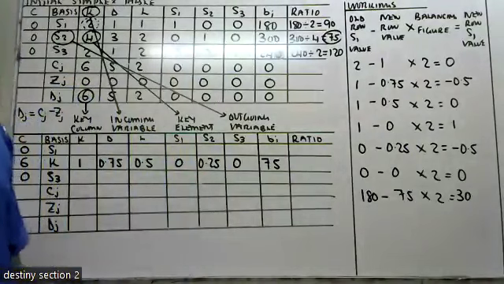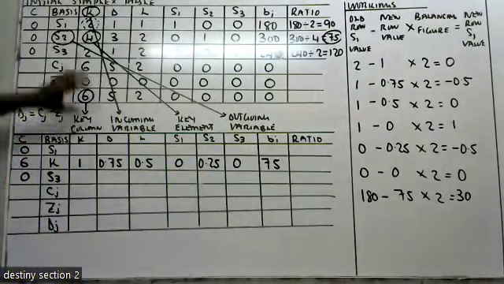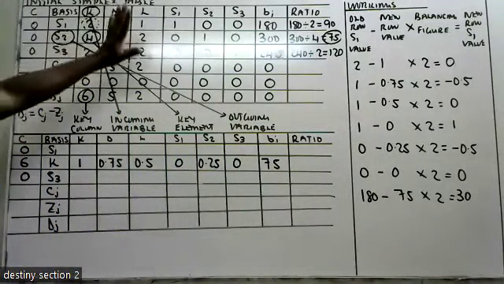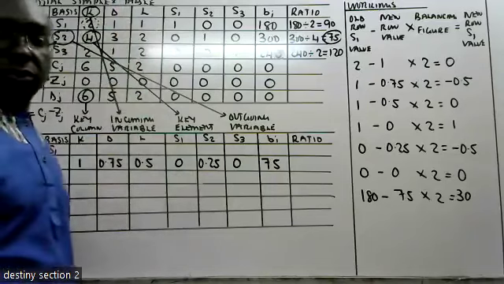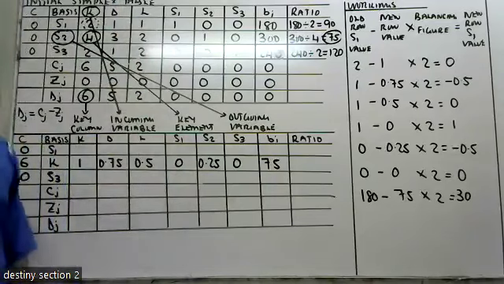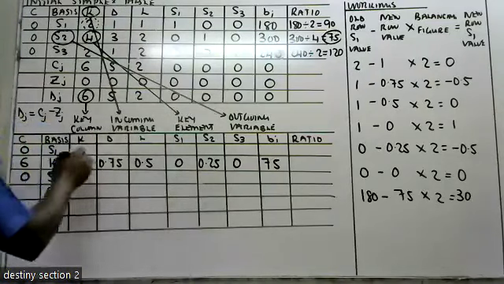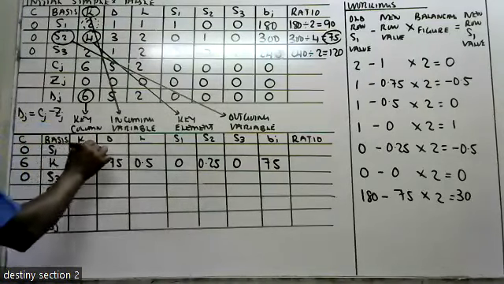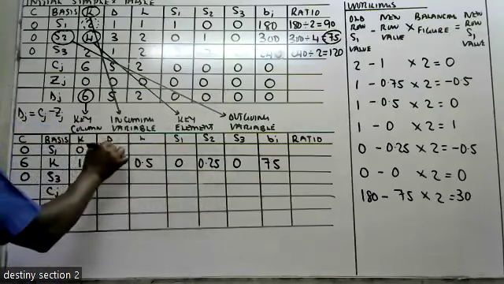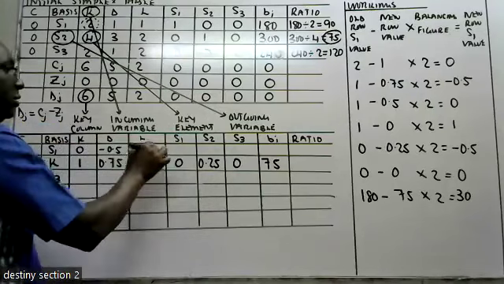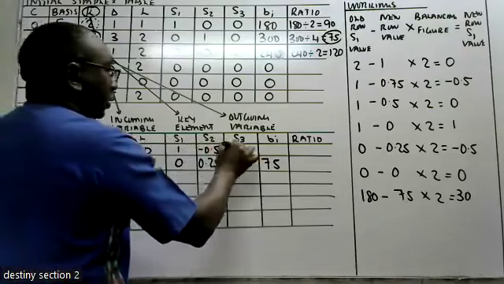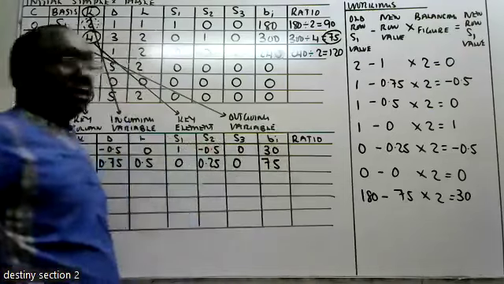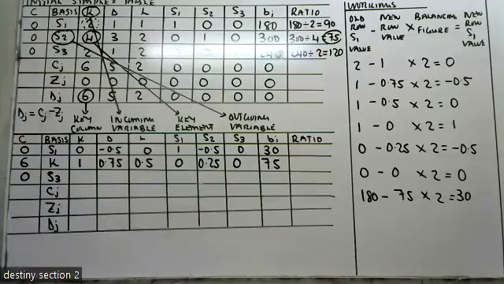Although for the purposes of this question, we were only required to draw the initial simplex table. I'm only doing them because you can be told to do so, but this question had not said we do. So those values we quickly record them here. This is 0, this is negative 0.5, this is 0, this is 1, this is negative 0.5, this is 0, and this is 30. That's how we record them.